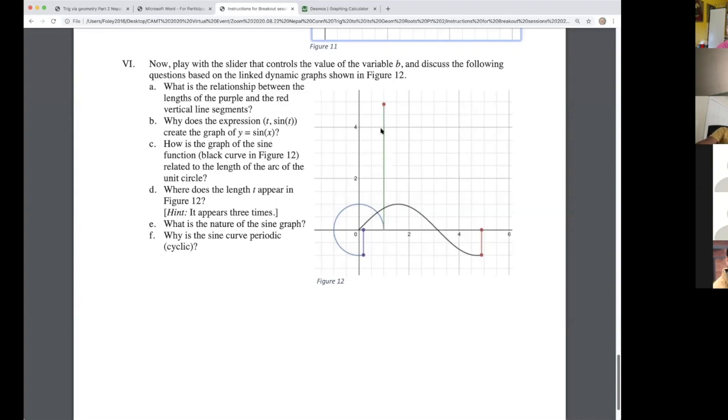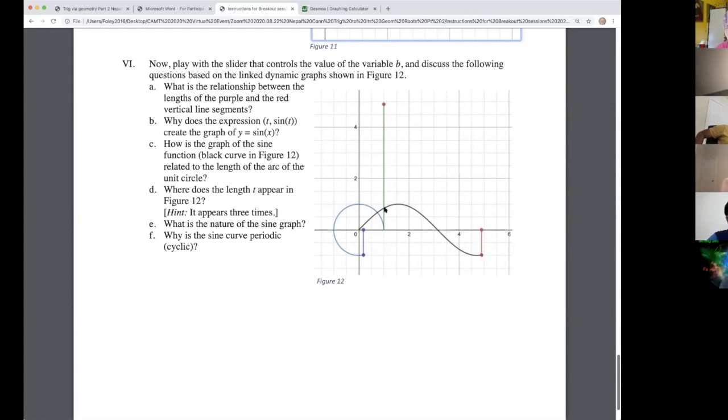And so this vertical distance is wrapped into a circle, and then that circular arc is unwrapped and straightened back out, so that this green vertical line and the black axis from the origin over to this red dot are the same length t. So this distance is t, and this downward pointing vector is sine of t.